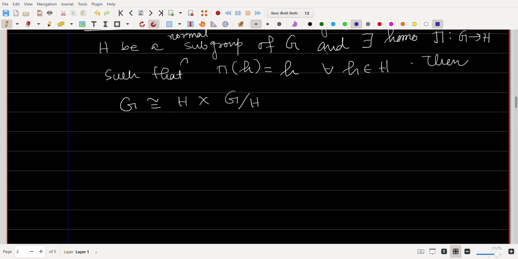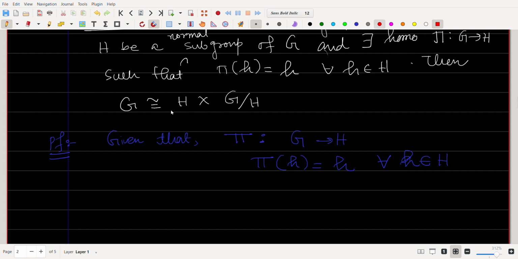So how do I prove it? Proof. Okay, so given that this is the homomorphism pi from G to H such that pi of h equals h for all h belonging to capital H. That means pi fixes every element of H. And we need to show G is isomorphic to H cross G mod H, right?